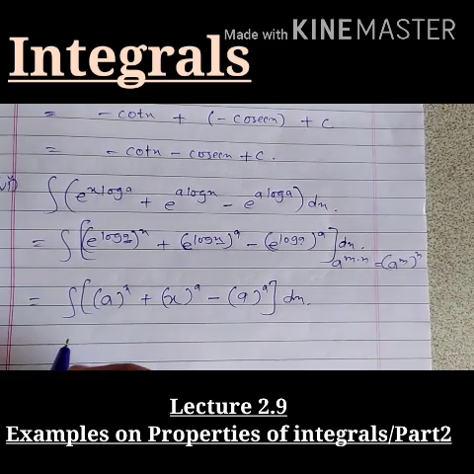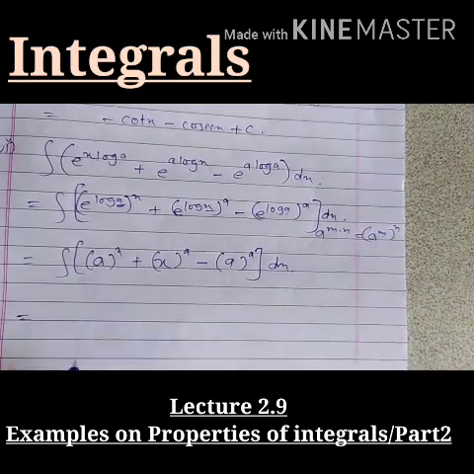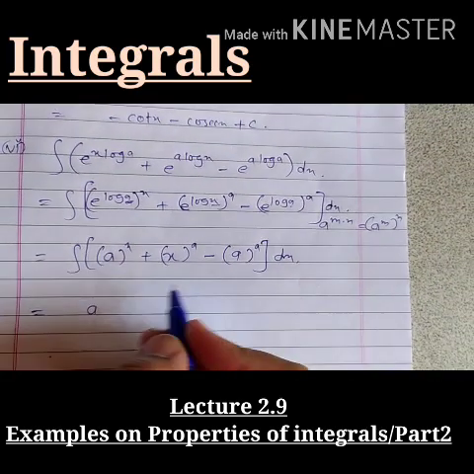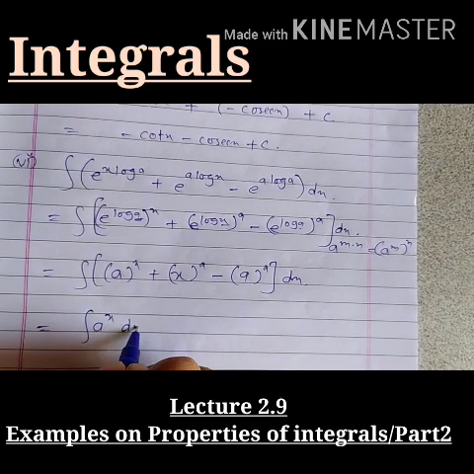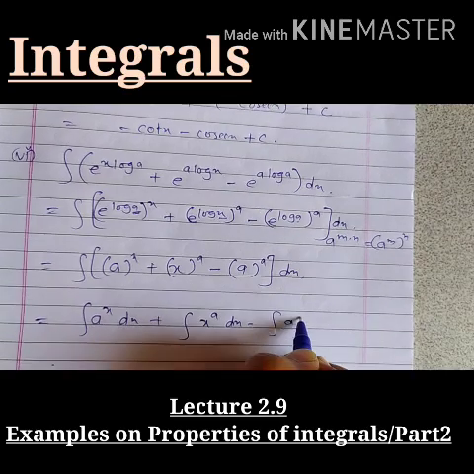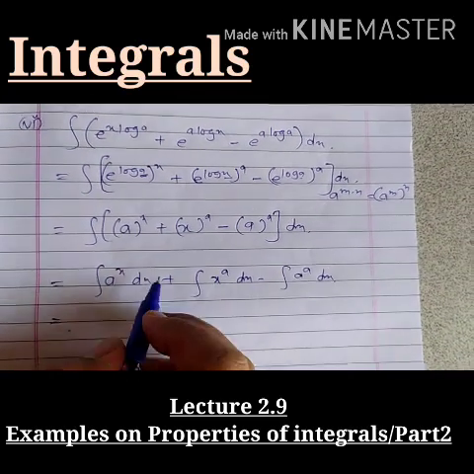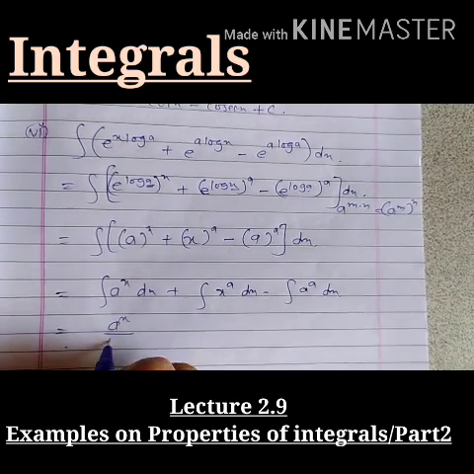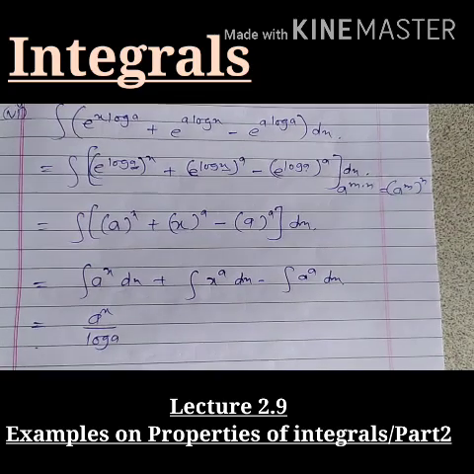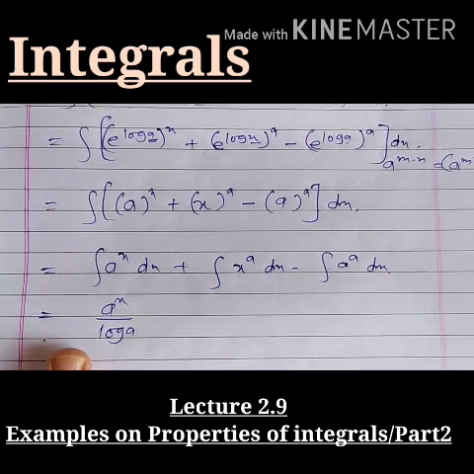Understood? Okay. So what is the integration of a raised to x? As we have seen in the formulas, you can separate the integral here: integration of a raised to x dx plus integration of x to the power a dx minus integration of a raised to a dx. Now the integration of a to the power x is a to the power x upon log a, because we know the derivative of a raised to x is a raised to x into log a, so its integration will have log a in the denominator.